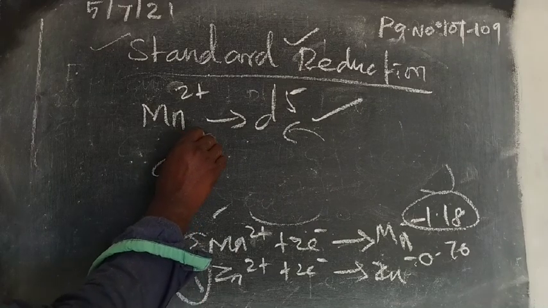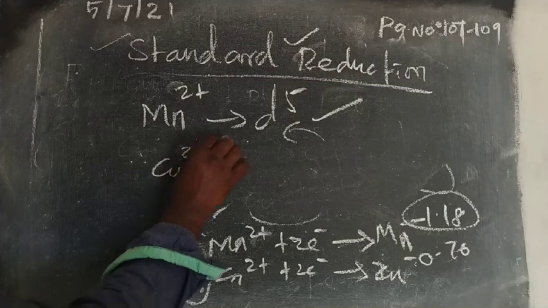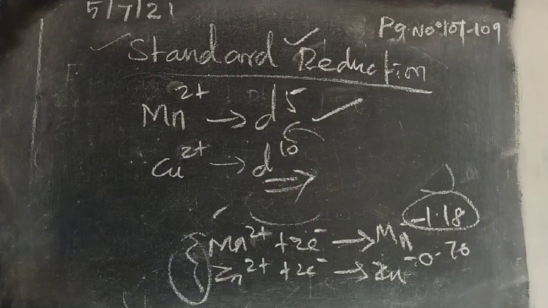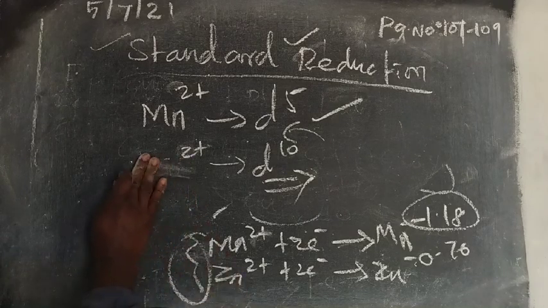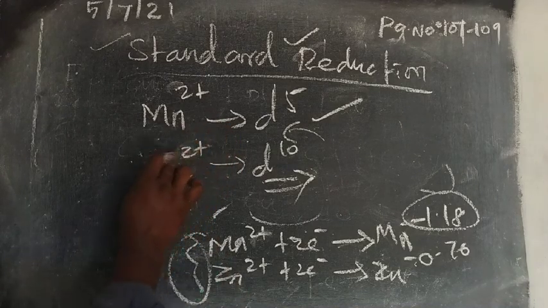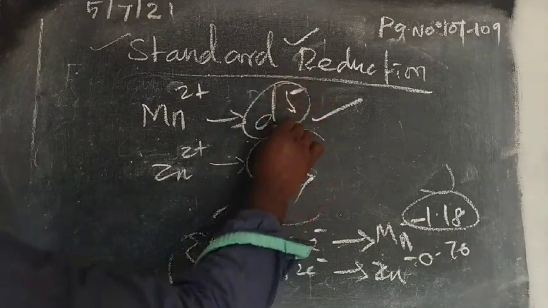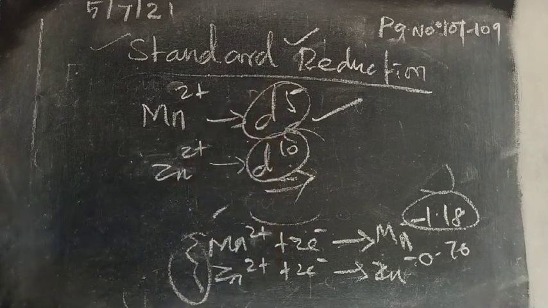In the same way, zinc 2+ has a 3d10 configuration; sorry, not copper, I said it wrongly, zinc. Due to this 3d5 and 3d10, half-filled and completely filled electronic configuration, they have a unique or irregular trend in standard reduction potential values.